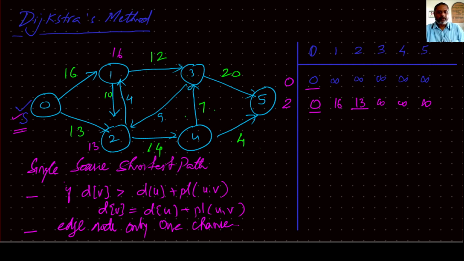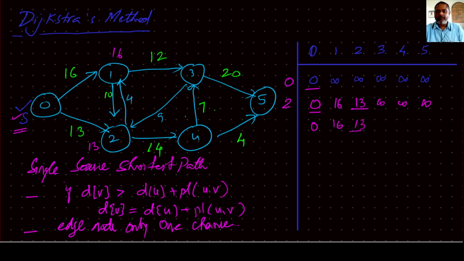So from node 2, we can go to 1. Node 2's distance is 13 plus this path length 4, so 13 plus 4 is 17, but the direct path from 0 has a distance of 16. So via 2 it is making 17, therefore no need to change. This remains 16 only.